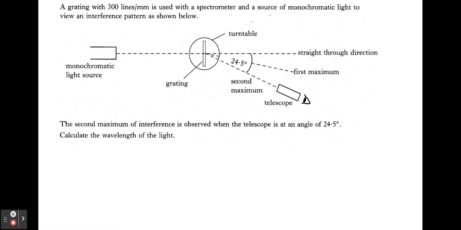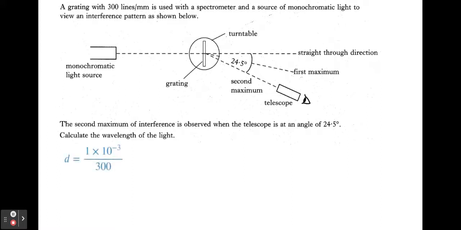You can see here in the diagram the monochromatic light source, probably a laser, on the far left, shining light on the grating in the center, creating a straight through direction, the zero order maximum, then a first order maximum, m equals 1, and then a second order maximum, m equals 2, which is where we're viewing this spot now. It says the second maximum of interference is observed when the telescope is at an angle of 24.5 degrees. Calculate the wavelength of the light.